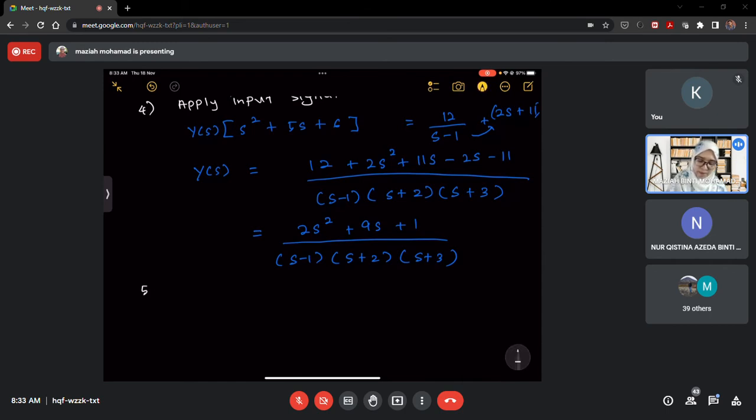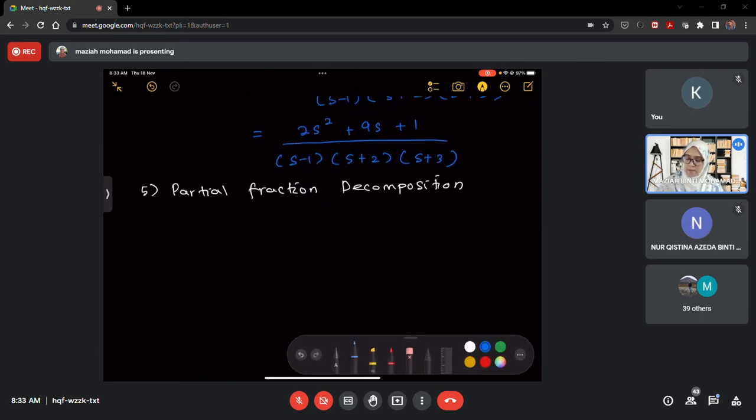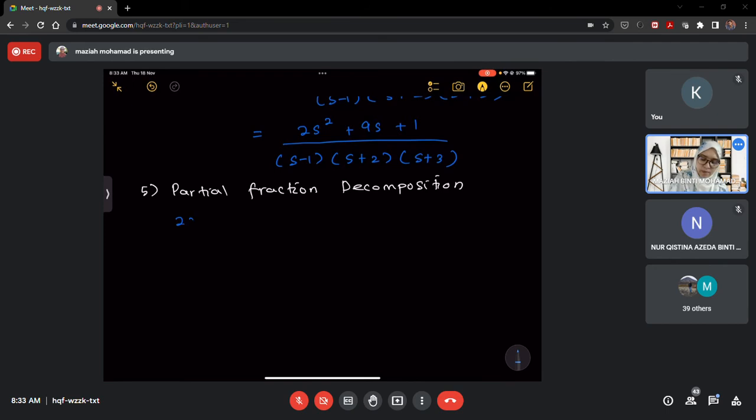Right, so step number 5 is partial fraction decomposition. Right, so we're going to rewrite the function here, 2s squared plus 9s plus 1 divided by s minus 1, s plus 2, s plus 3, will equal, alright, so we do the partial fraction decomposition.